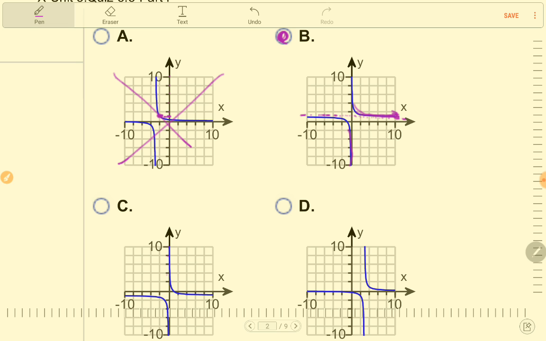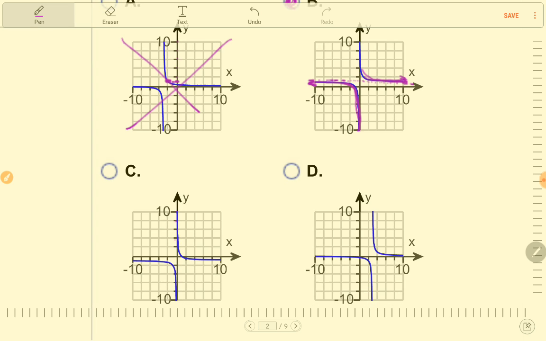And likewise, as x approaches negative infinity, it looks like the y values are going to veer off and just hug right underneath y equals 1. So that does look like a good option.